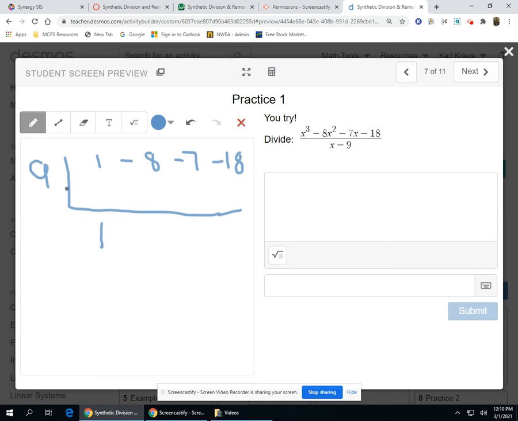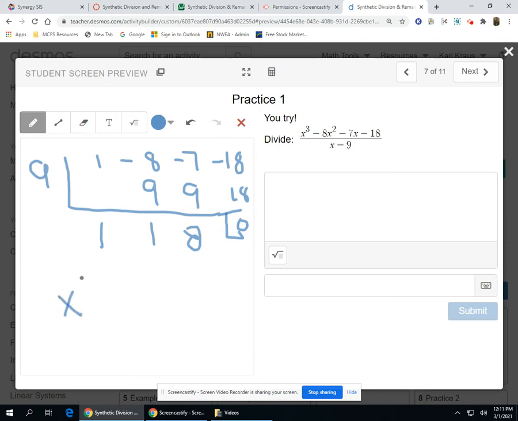Bring down the 1, multiply, 9, add, get a 1. 1 times 9 is 9. Add, you get a 2. 2 times 9 is 18. Add, you get a 0.